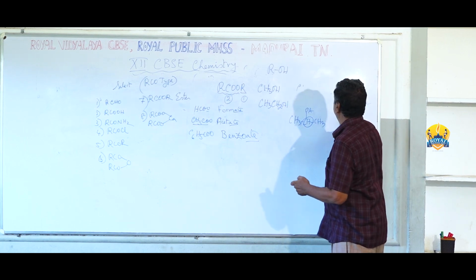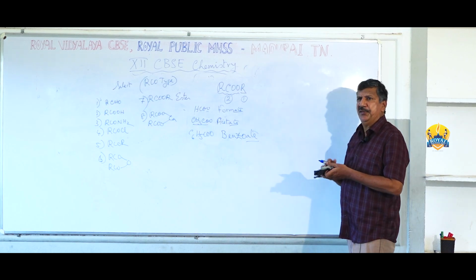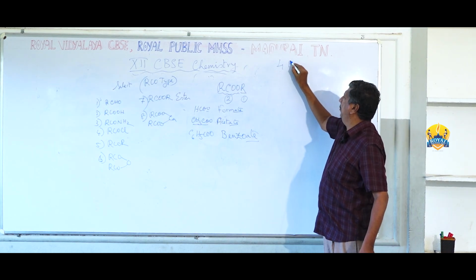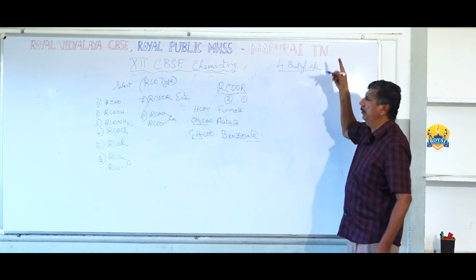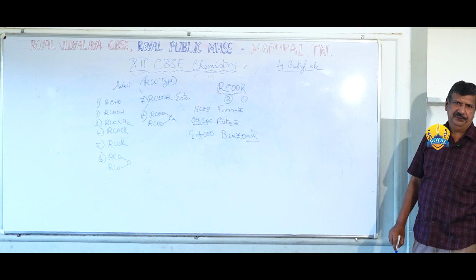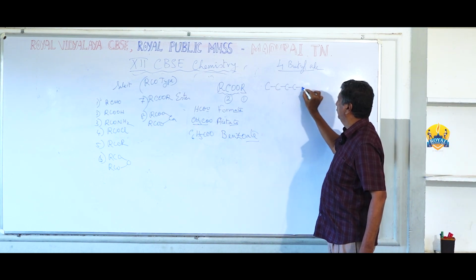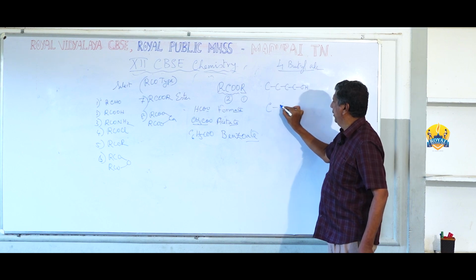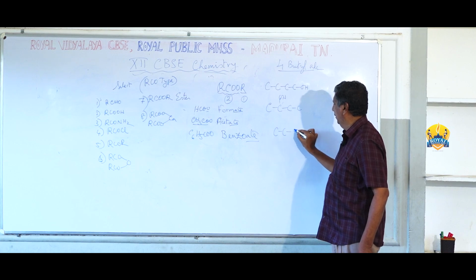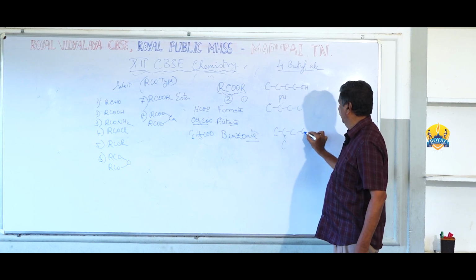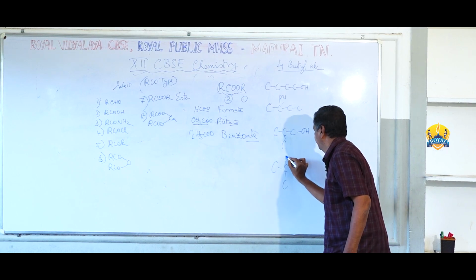Next one, butyl. Butyl means 4 butyl alcohols. You see, we are having 4 types of butyl alcohols. This one first. This one second. This one third. This one fourth one.